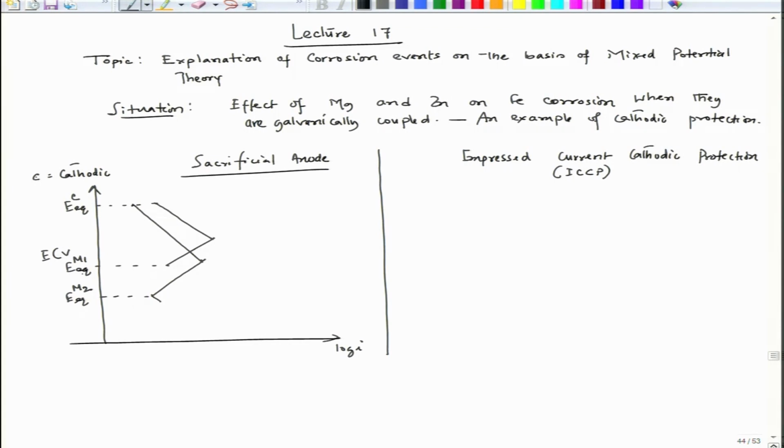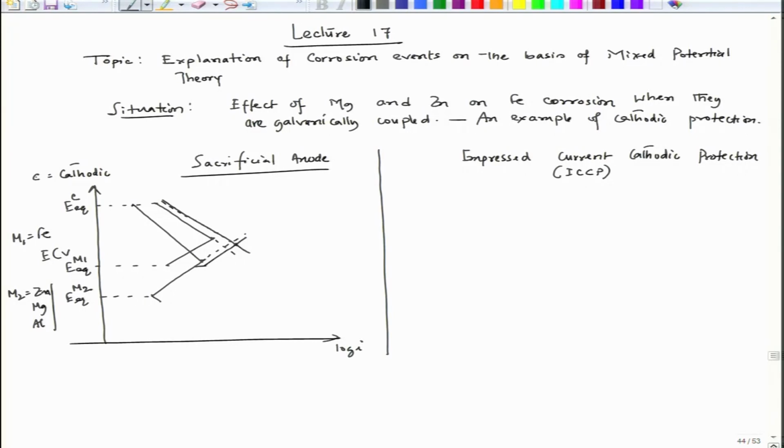Zinc, if we see the equilibrium, M1 and M2 are two metals. This M2 could be zinc, magnesium, aluminum, and here M1 is nothing but iron. And then we followed our mixed potential theory. Fine.